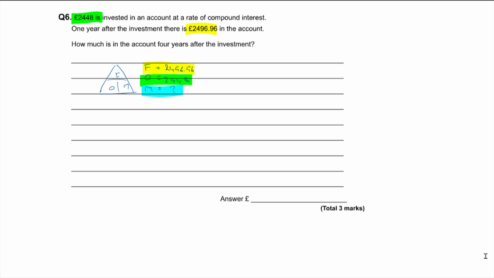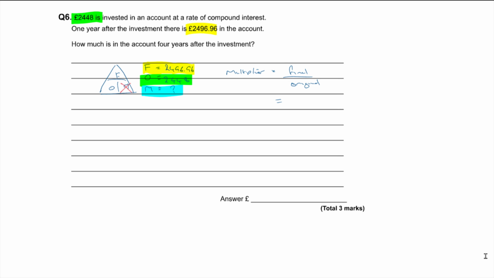Final original multiplier. So the first thing we're trying to find here is m, the multiplier. We want to work out what the annual interest rate is, and then we can do the compound interest afterwards. So the multiplier is equal to the final divided by the original.